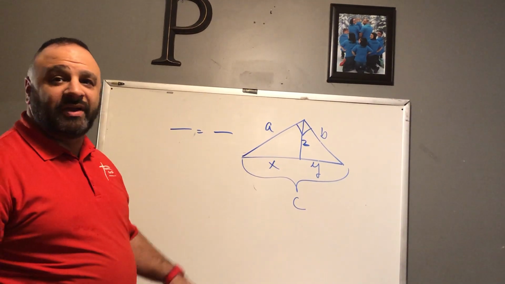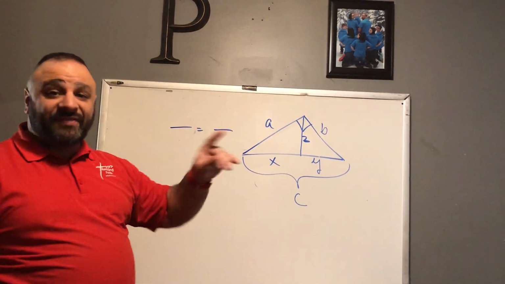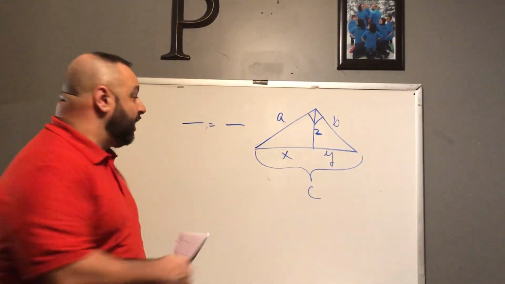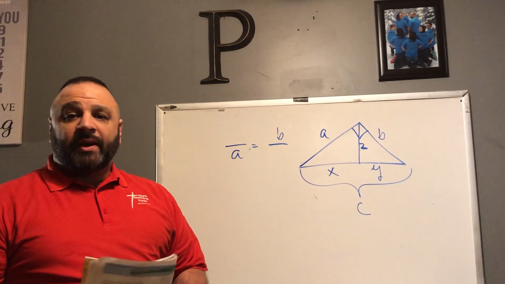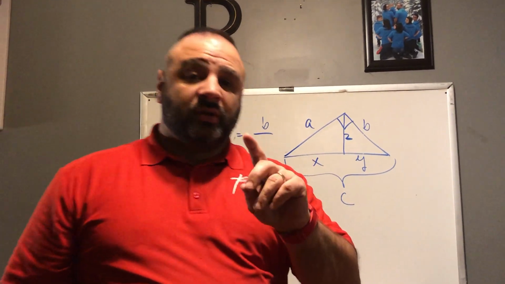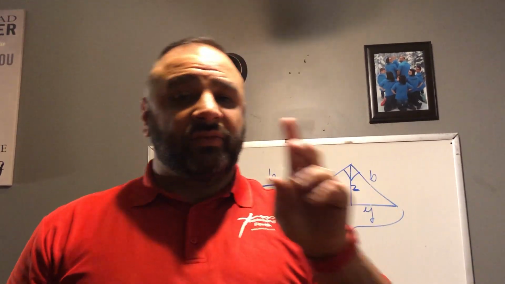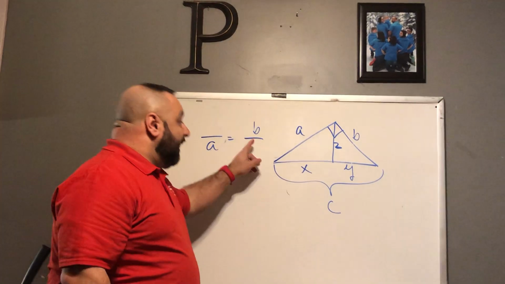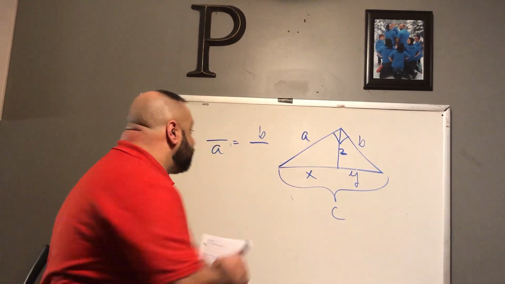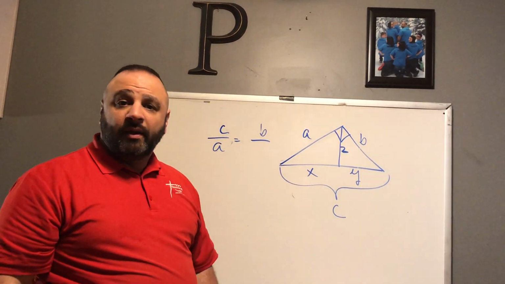So what's the geometric mean here? Brandon? The length of the legs are the geometric mean. Very good. So A, B. Now, what's number 1 and number 4 in the proportion? Number 1, we have the length of the hypotenuse as the first term. Good.